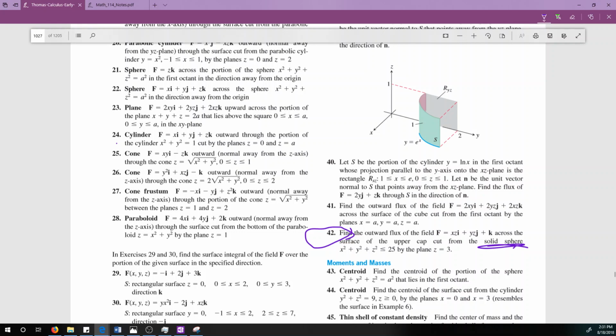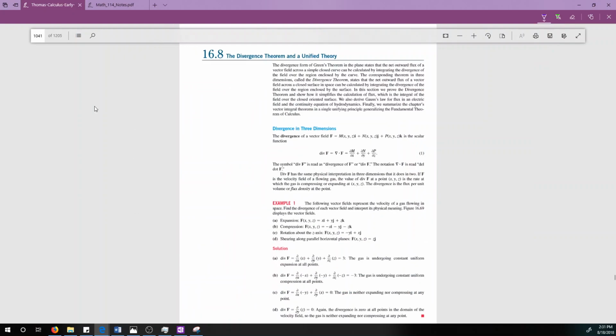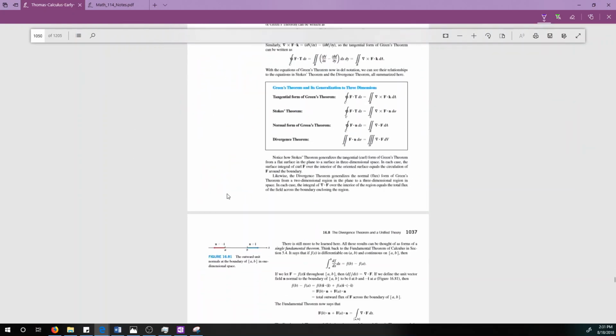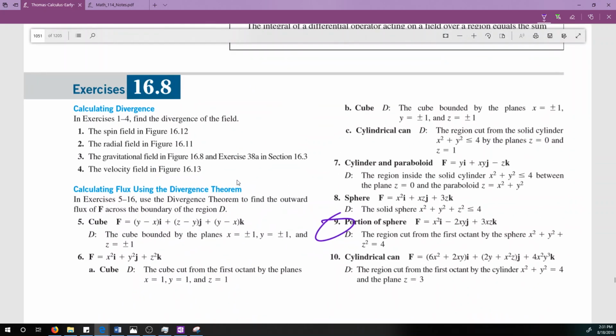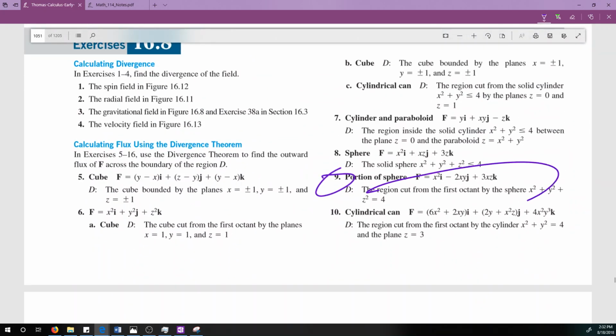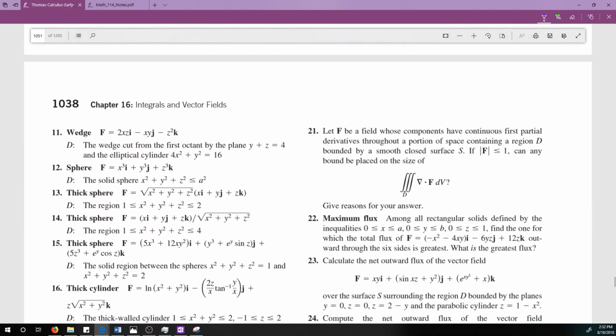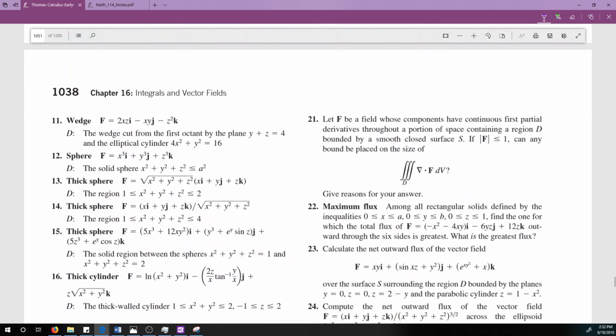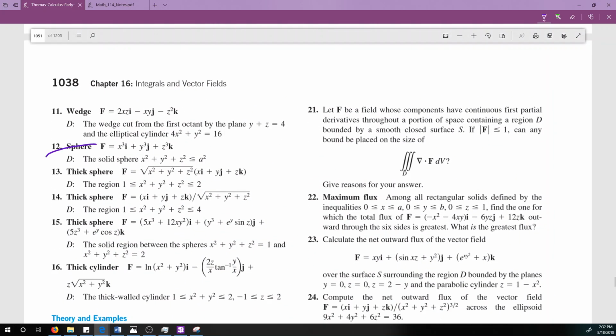Let's jump quickly over to 16.8 just to show this. I did number 9 in 16.8, and this is a really weirdly worded problem. I really hope this doesn't show up on an exam. But like number 12, it says a solid sphere, so it's dense the entire way through.